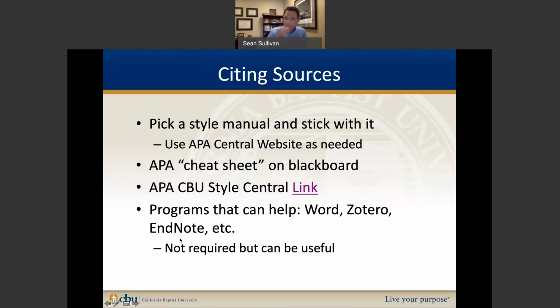And the cool thing is, once you build a list of sources in one of these software programs, you can just pull them for all your future papers, and you can just pull the citations from that list of references. So it's nice, but it takes some time to build. So I don't recommend it to most of you. But if you've already heard about it or you already know about these programs, you'll know that they can be really useful as you're building a literature review for this paper and for other papers in the program.